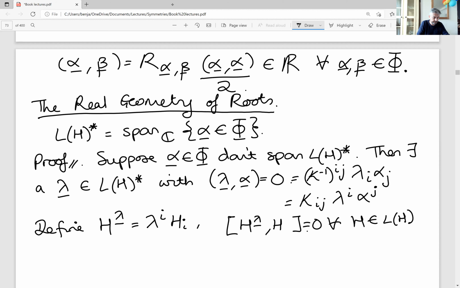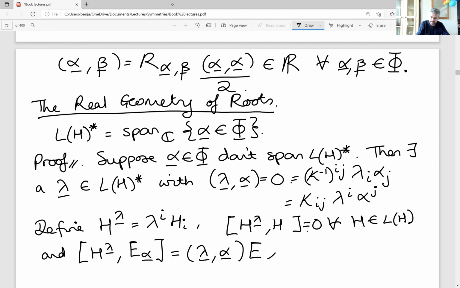But now if we consider h lambda commutator with E alpha, if you look back to our Lie algebra in the Cartan-Weyl basis, you'll see that this is equal to the inner product between lambda and alpha times E alpha. But we've just said that lambda comma alpha is 0 for all alpha.